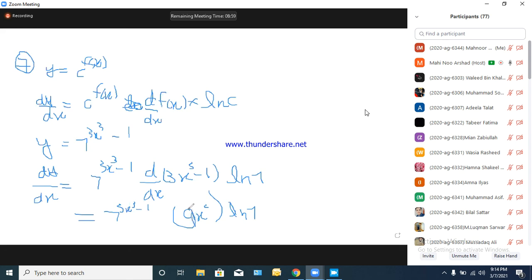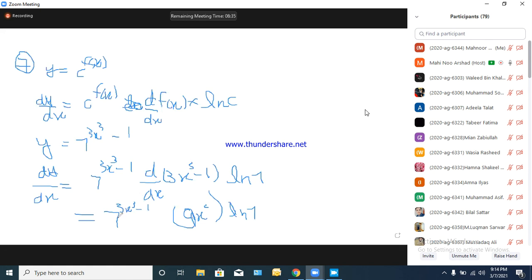I have seen earlier in many exams, mostly students multiply 9 by 7. You cannot multiply two numbers until they have the same power. You can only multiply the numbers if they have the same power.